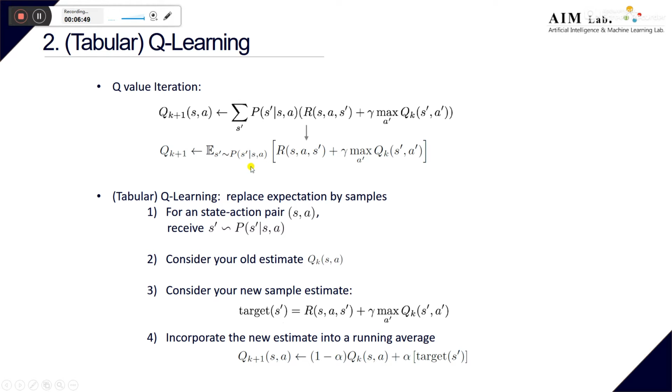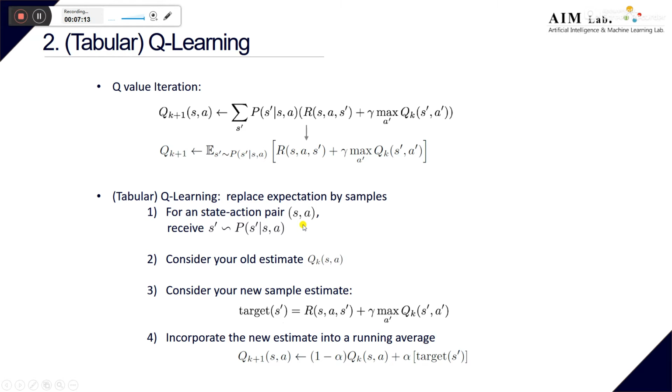So we write this in expectation form, and the next step is replacing the expectation with samples. The method is called tabular Q-learning.